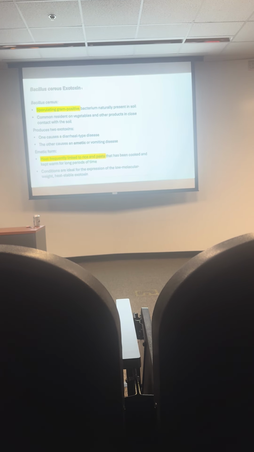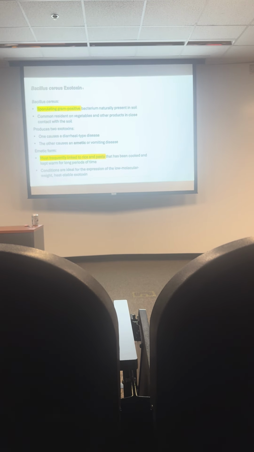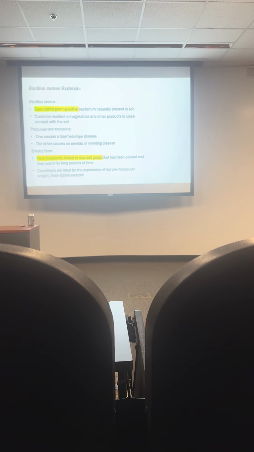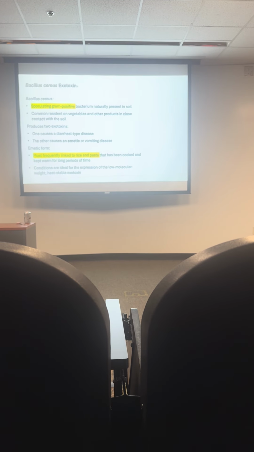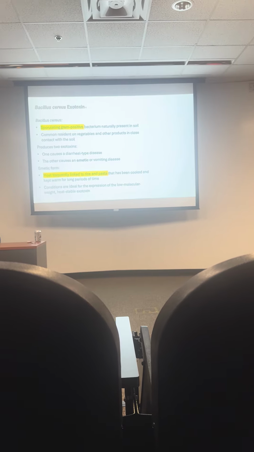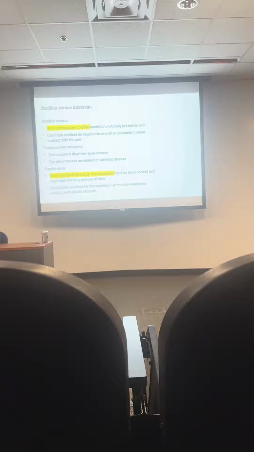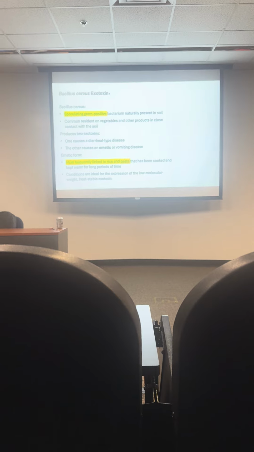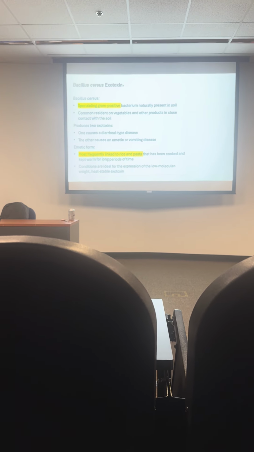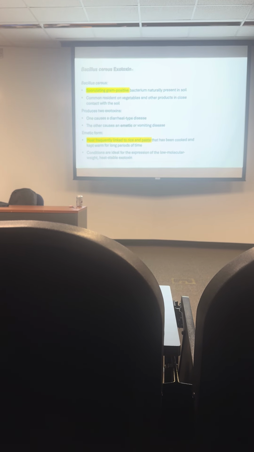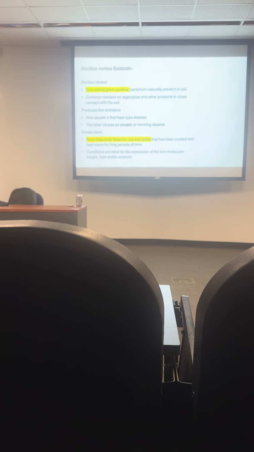Bacillus cereus produces two exotoxins: one causes a diarrhea-type disease, and the other causes an emetic or vomiting disease. The emetic form is linked to rice and pasta that has been cooked and kept warm for a long period of time.